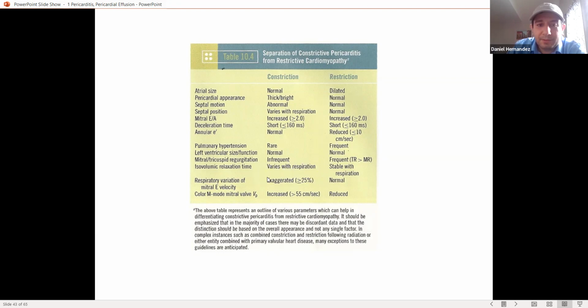You can also look at regurgitation. You're frequently going to have MR and TR with restrictive cardiomyopathy, not very common with constrictive pericarditis.